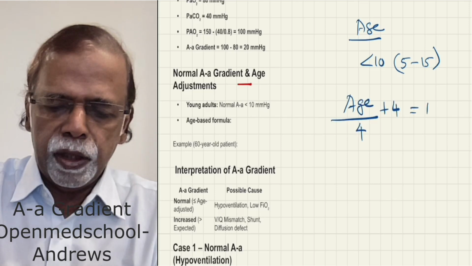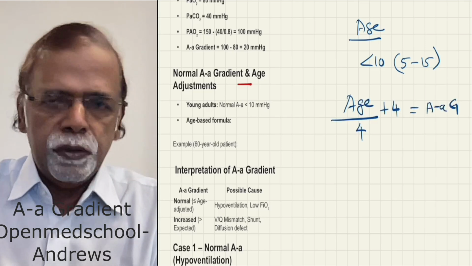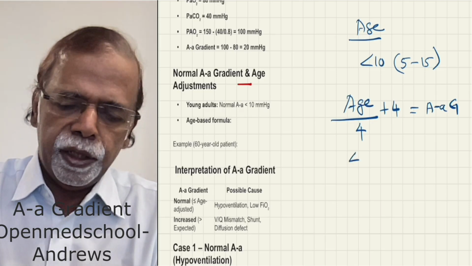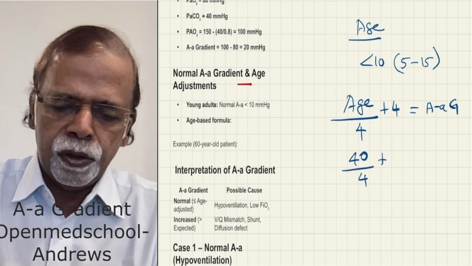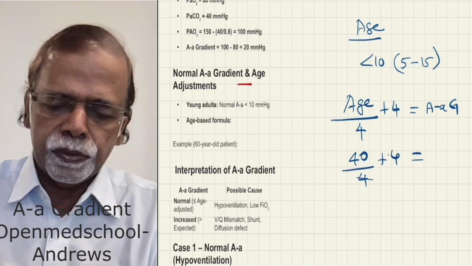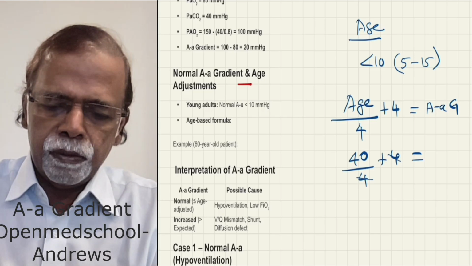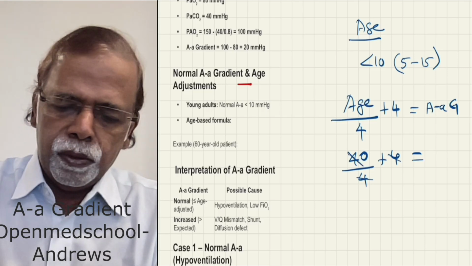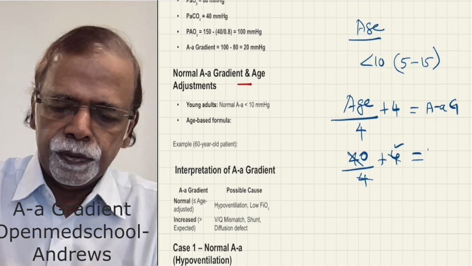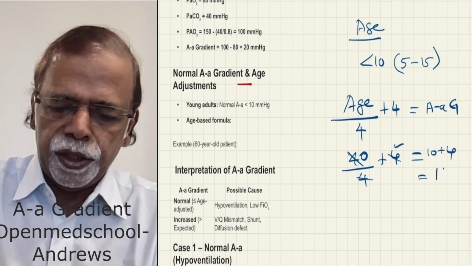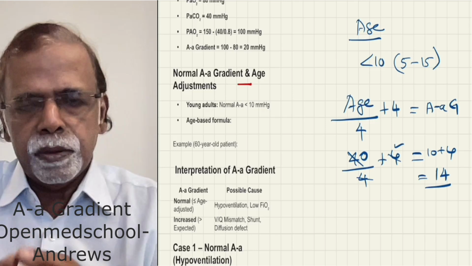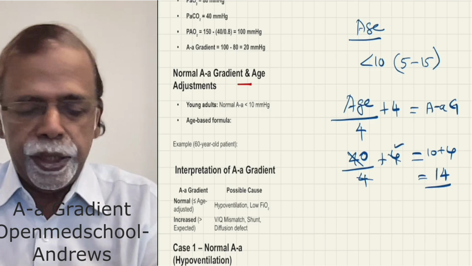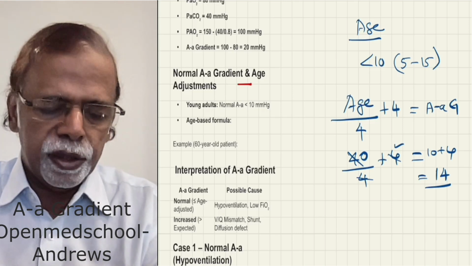For example, suppose somebody is at the age of 40, it becomes 40 divided by 4 plus 4, which is 10 plus 4, equal to 14 millimeters of mercury. So the first concept you should understand: the AA gradient depends upon the age of the patient. As age advances, it increases.